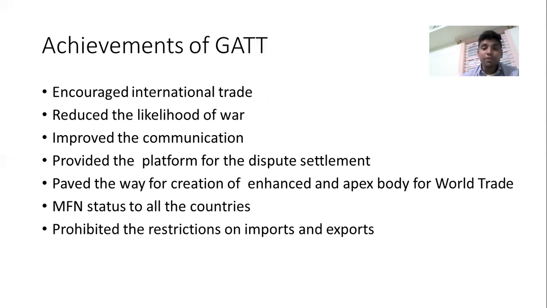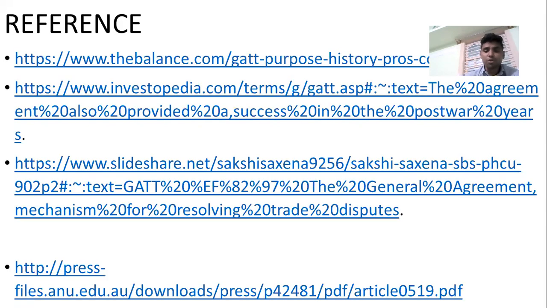It is not that you give MFN to just 2 or 3 countries. You should give it to all countries with which you trade. But yes, you can always withdraw that, citing other reasons which are approved by the GATT. Many times India has taken back the MFN status from Pakistan. It also prohibited restrictions on imports and exports. That is also one of the important things.